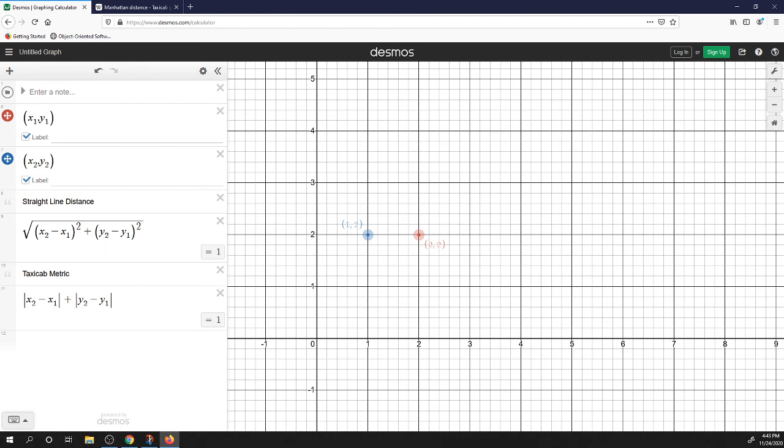And this taxicab metric just turns out to be much, much easier because you can write this as an int. If your values x1, x2, y1, y2 are ints, then so will this taxicab metric be. And that makes it easier to compare using equality. Comparing double values with equality is not always reliable.